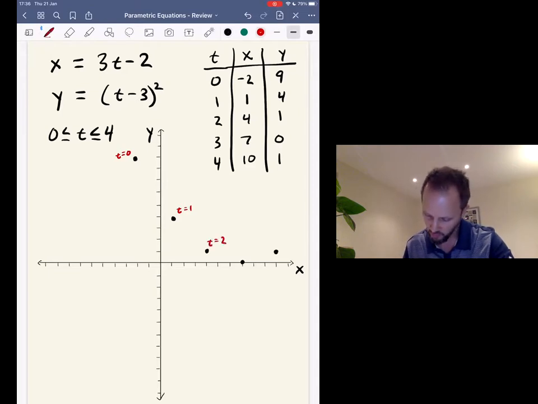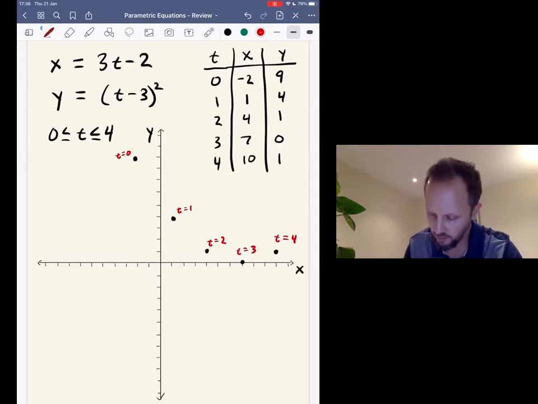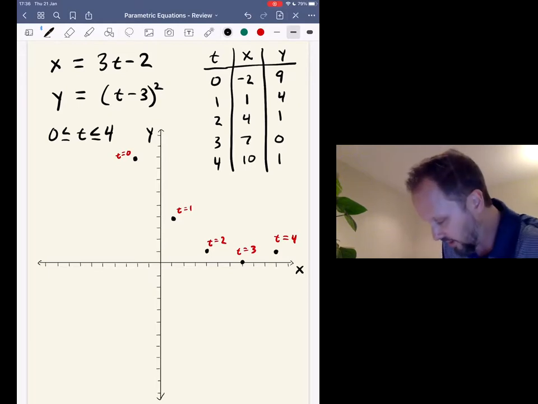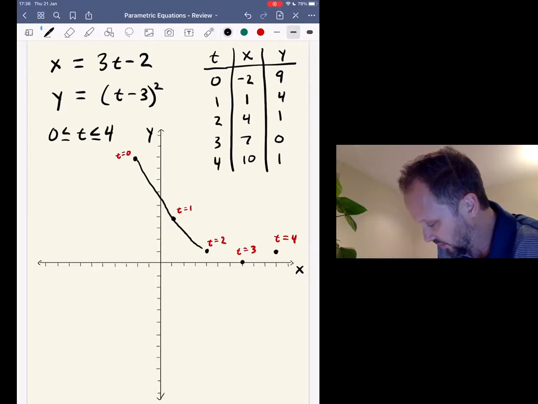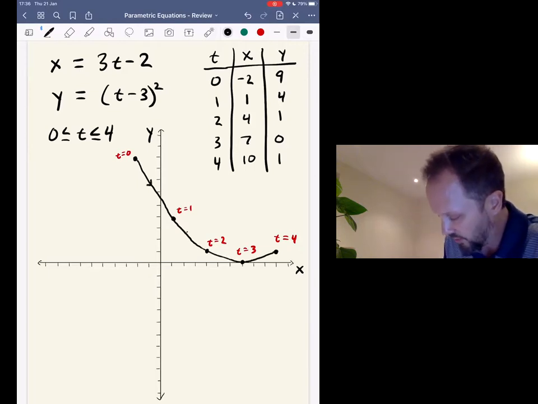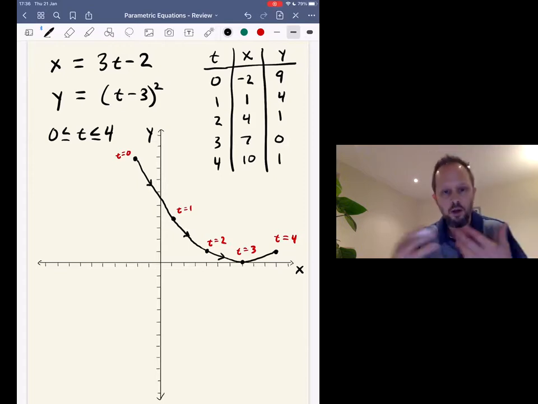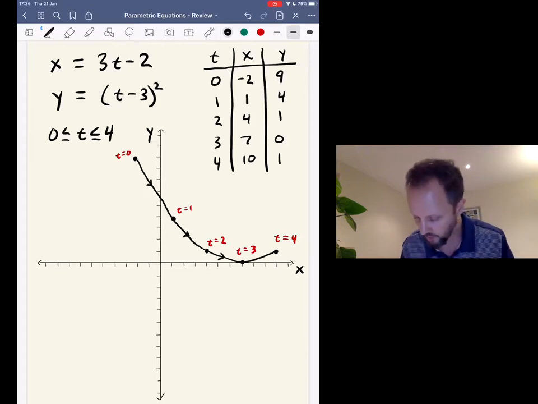T equals 2, t equals 3, t equals 4. Again, you don't have to put those, but some people like to. You would connect these in what would be a smooth curve because this is a continuous graph. Some people like to draw arrows to indicate the order in which it's graphed over the t values.